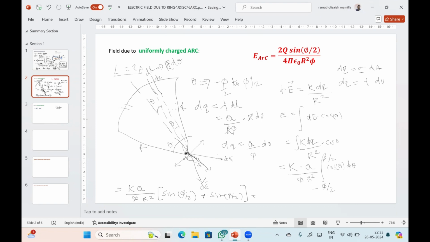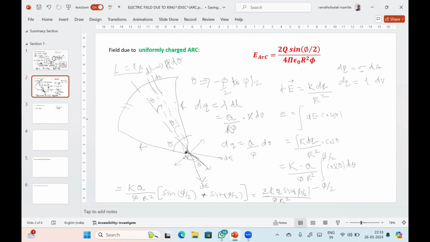So that equals 2 kq sin(phi by 2) by phi r square. This is the required answer. Here you can substitute k as 1 by 4 pi epsilon naught. This is the electric field due to the arc.